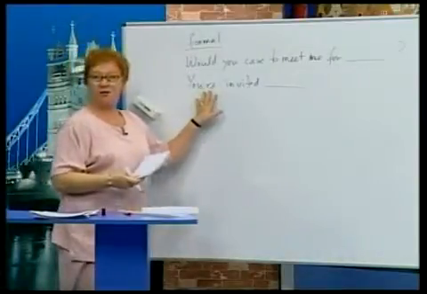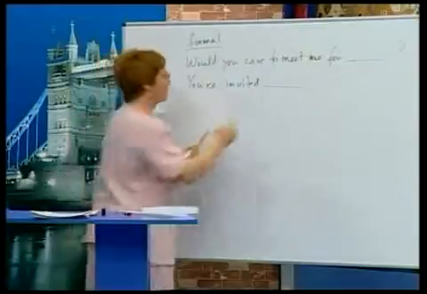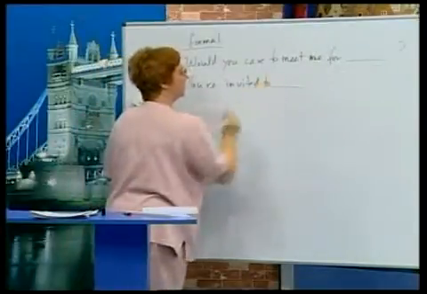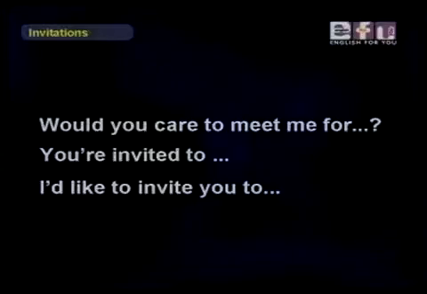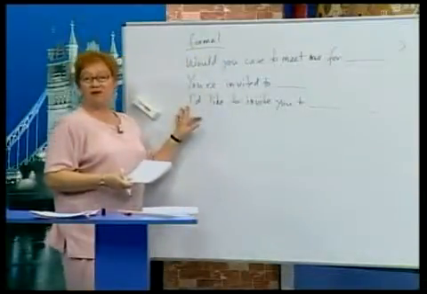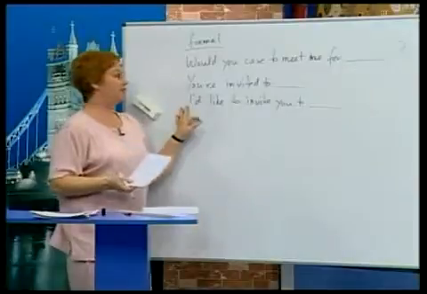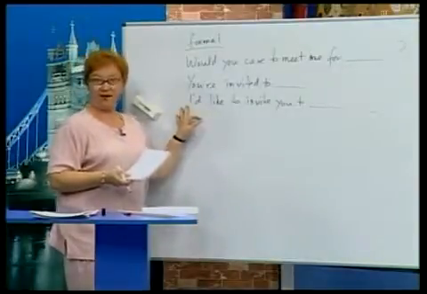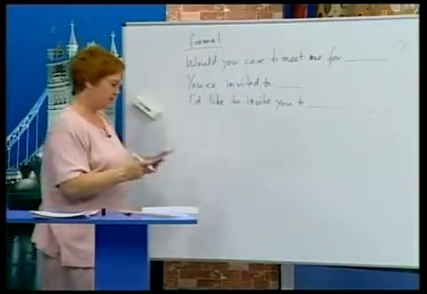You're invited to a wedding. Okay? All right. I'd like to invite you to. I'd like to invite you to go to a wedding. I'd like to invite you to dinner. Okay? So these are very formal.